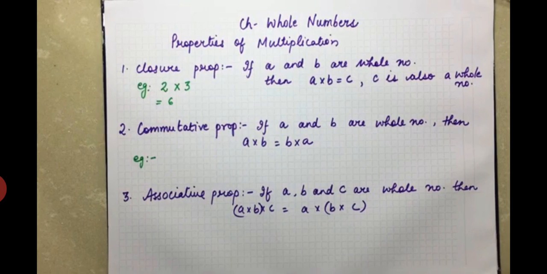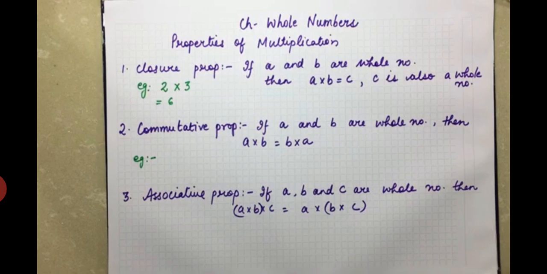For example, here we take two whole numbers 2 and 3, and then we multiply 2 by 3. Multiplying 2 by 3, we shall get 6. 6 is also a whole number. That means the multiplication of two whole numbers is also a whole number. This property is called closure property.